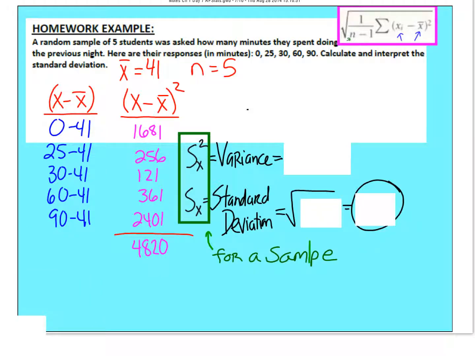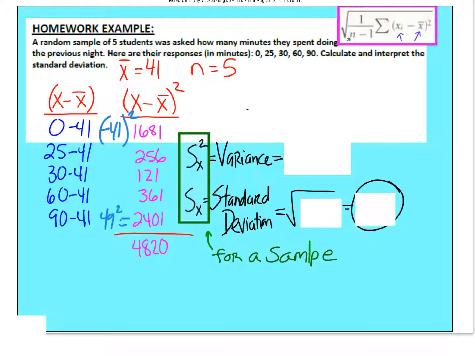So what you're going to see here is this is going to be negative 41 squared, which is our 1,681. For example, 90 minus 41 is 49, and we're going to square that and get the 2,401. So this column here are the squared deviations. Now, this is what we just did: we took the piece of data minus the mean and squared it.